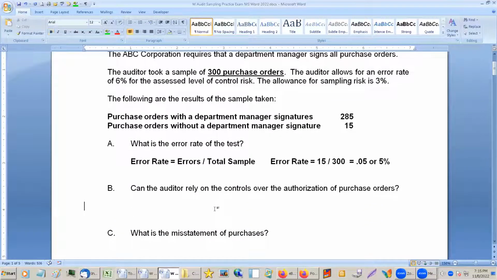Okay, so can the auditor rely on the controls? What we're going to do is take the error rate plus the allowance for sampling risk, and we're going to compare that to the allowed.